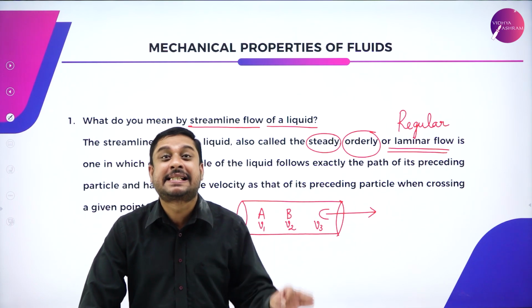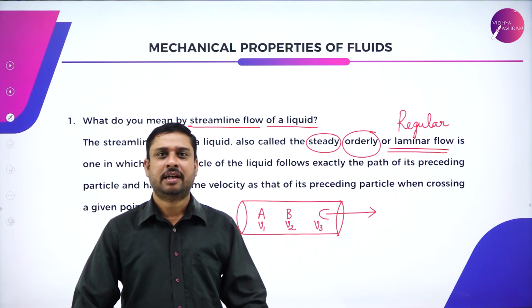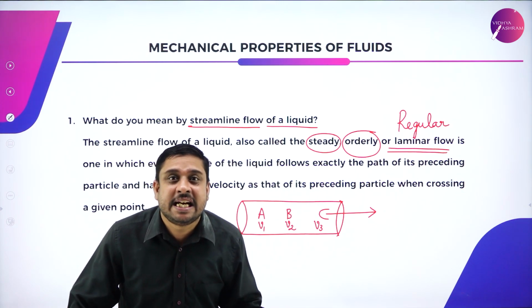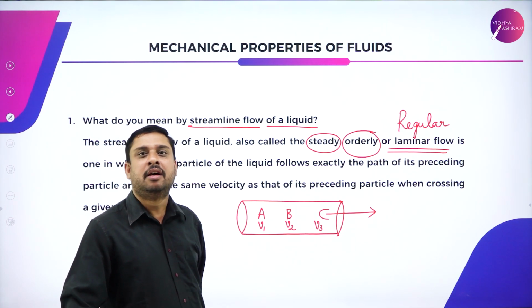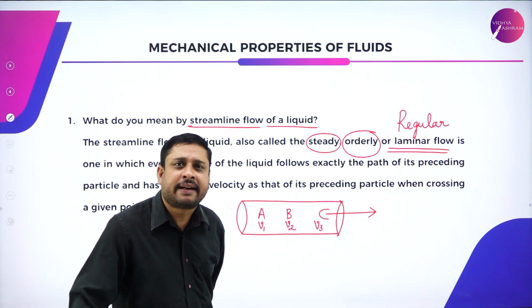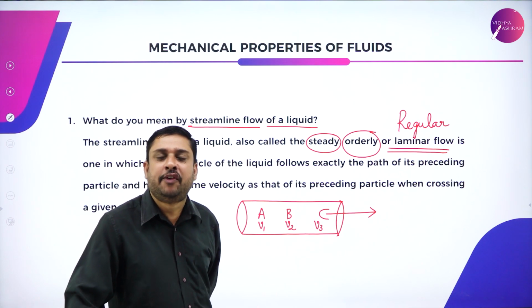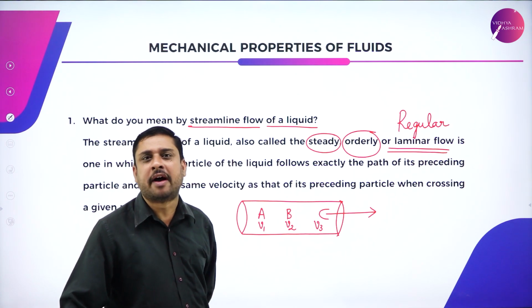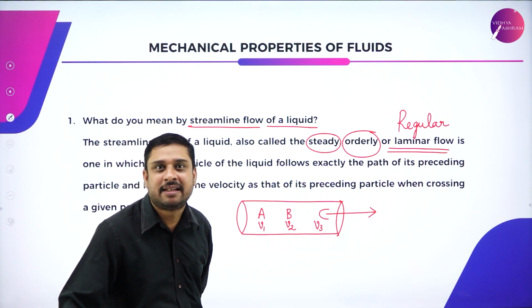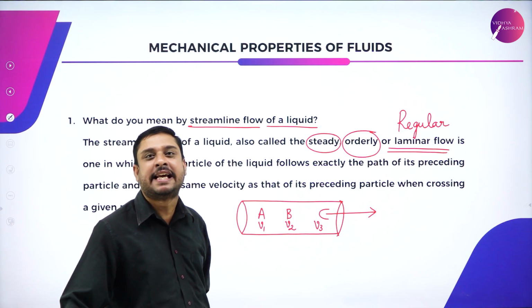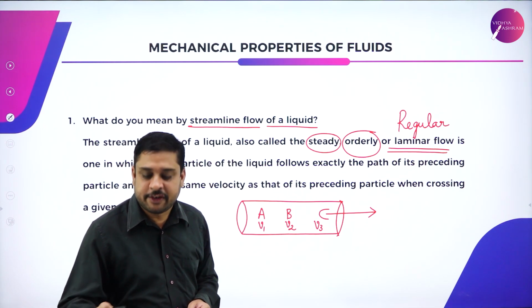So it is steady, it is regular, it is an orderly flow. The reason being, all the particles move in the fluid at any point with the same velocity. They are disciplined. And that is what is called streamline flow.